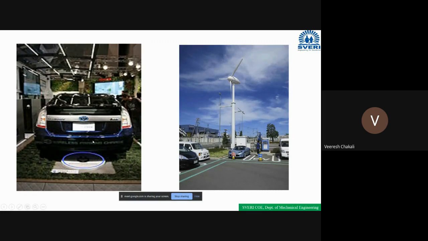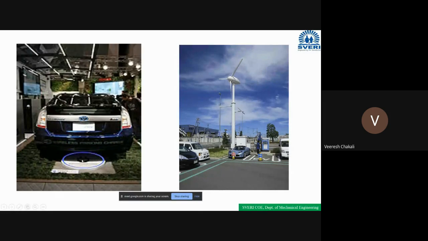So the same here also. One coil is placed at the ground level, and another coil is placed in the car. When this car comes and stands exactly at this primary coil, when the primary and secondary coils are at a very near distance, then the primary coil is already energized by an external supply.